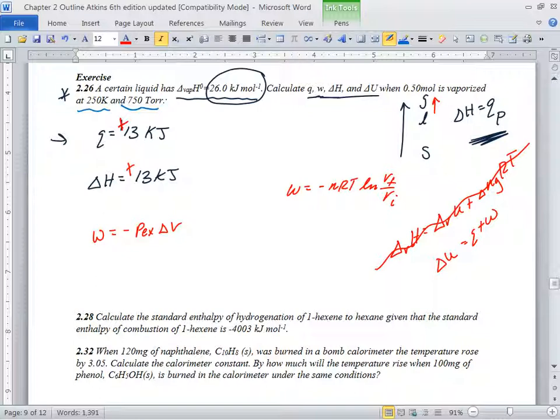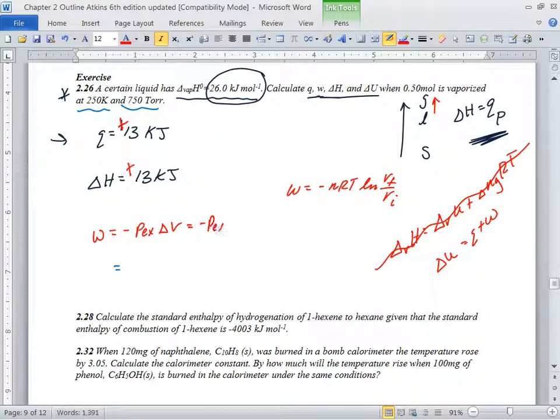They give you the enthalpy of vaporization so you can get your Q. And then they give you the temperature and the pressure. That pretty much means ideal gas law. So we know the pressure, right? But let's finish this equation out. Maybe it'll make more sense.